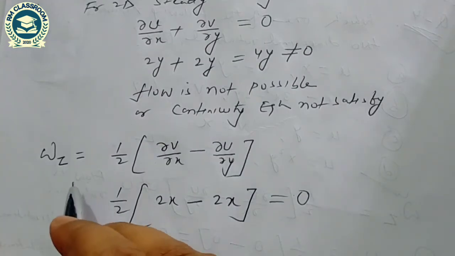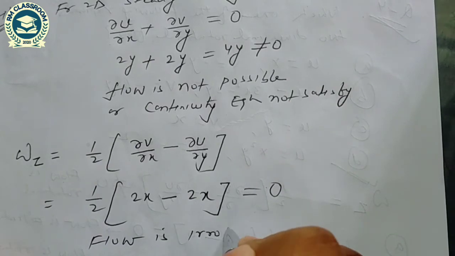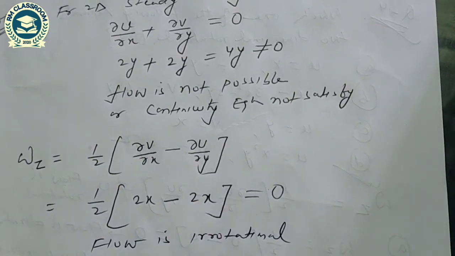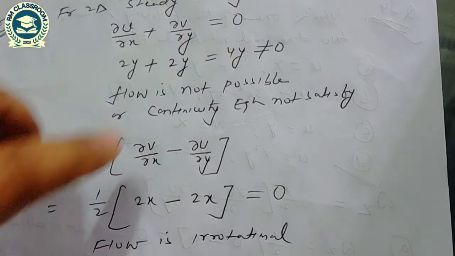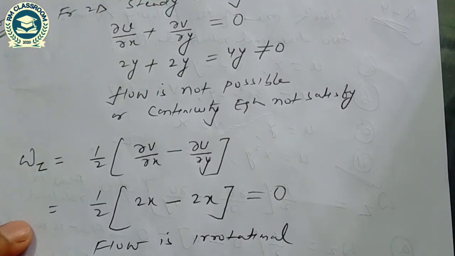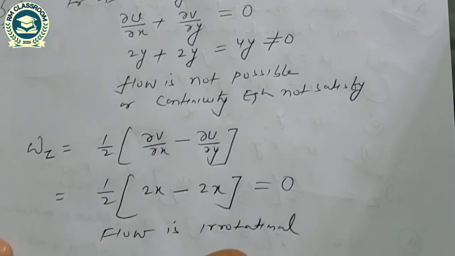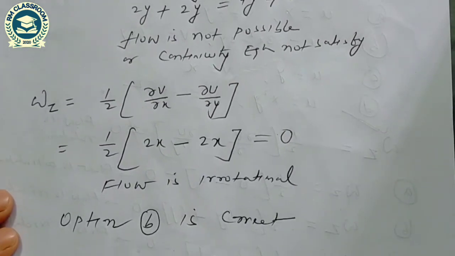So here the rotational component in z direction is 0, which means the flow is irrotational. So the flow is irrotational but the continuity equation is not satisfied. So our option B, satisfies irrotationality but not the continuity equation, is correct.